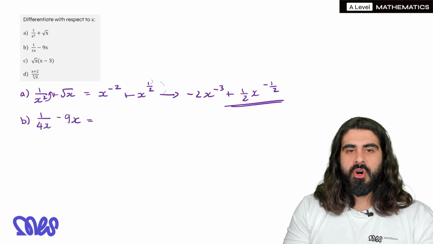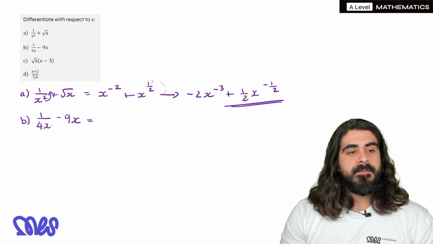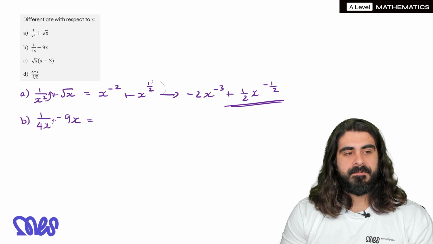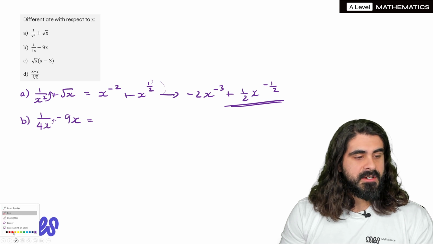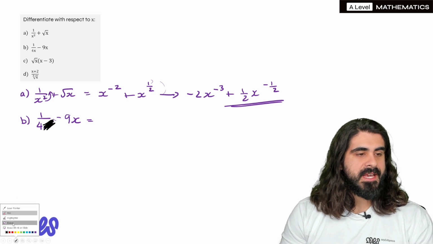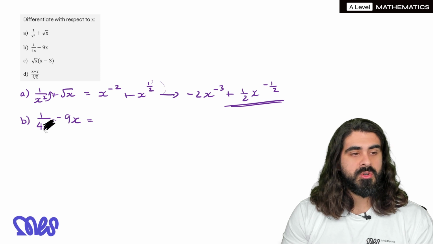Okay, 1 over 4x minus 9x. This is one of the most common mistake questions where students write this as 4x to the power of minus 1. They want to bring up the x. We know 1 over x is x to the minus 1. But the 4 does not come up with the x. Say I just covered up the x. What number is this? The number is a quarter. So when you bring the x up, the 4 doesn't come with it because the coefficient is 1/4.